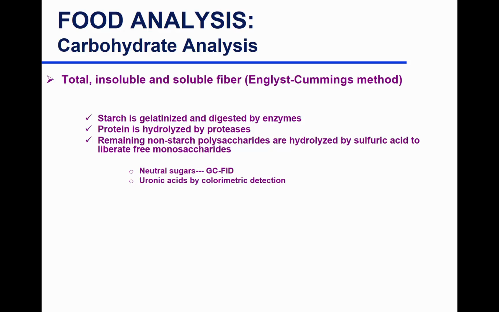You get your neutral sugars, and uronic acids are part of pectin, right? Galacturonic acid is a subunit of pectin. For the neutral sugars, you use GC-FID. Like we said, you do a derivatization step, and then you can measure those individually and get their amounts. You get the amount of uronic acid by taking the same extract and running a colorimetric method. You add that to the amount of monomers that you get, and then you will get the total dietary fiber.